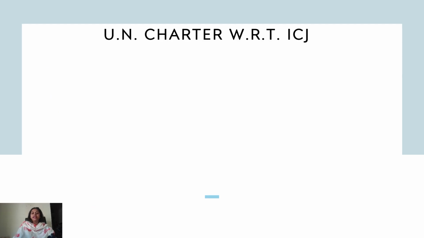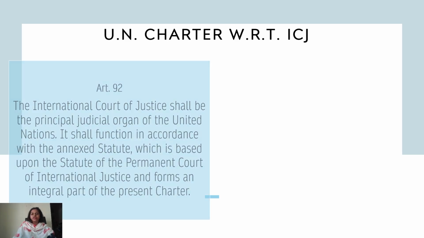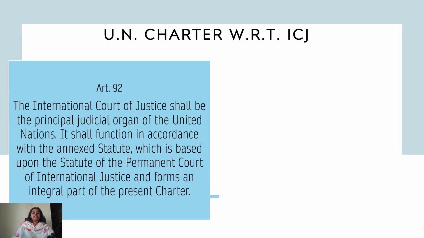Now, let us look at the provisions of the Charter of the United Nations with respect to the International Court of Justice. We'll look at three provisions. First is Article 92. Article 92 reads, and I'll read, the International Court of Justice shall be the principal judicial organ of the United Nations.